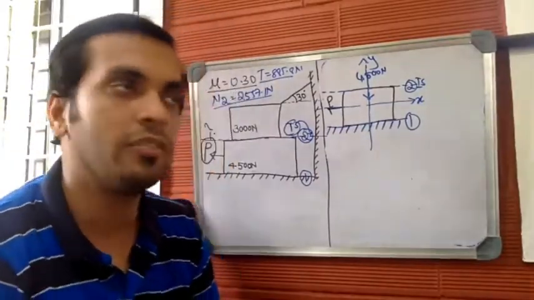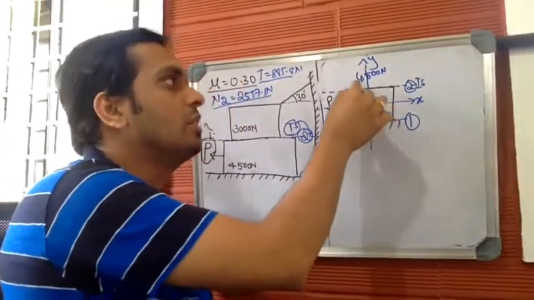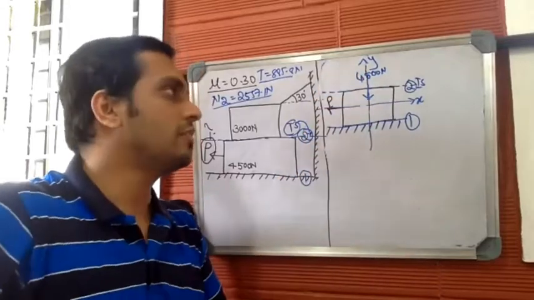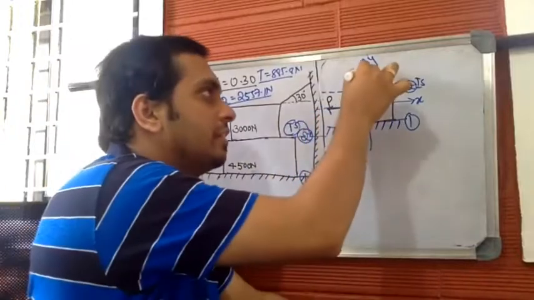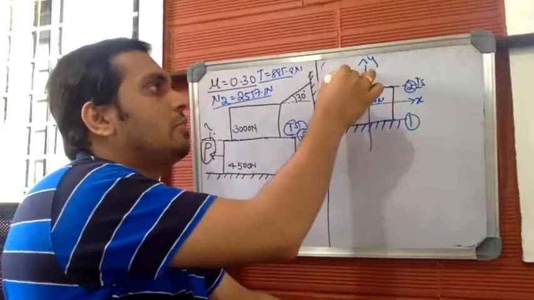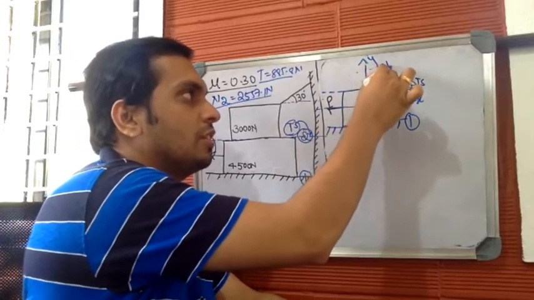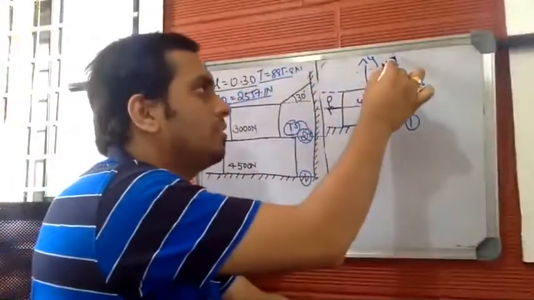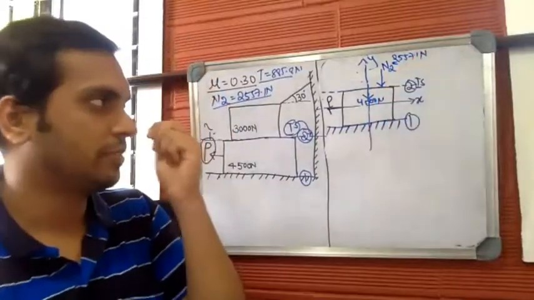Let me mark the normal reaction offered by surface number 2 here as N2. We know the value of N2. N2 is 2557.1 newtons.